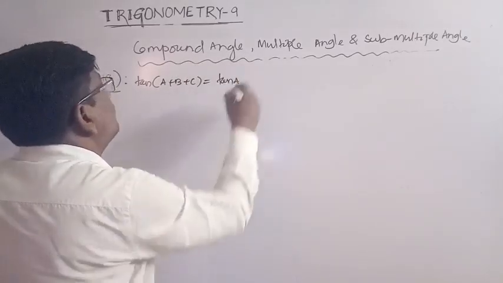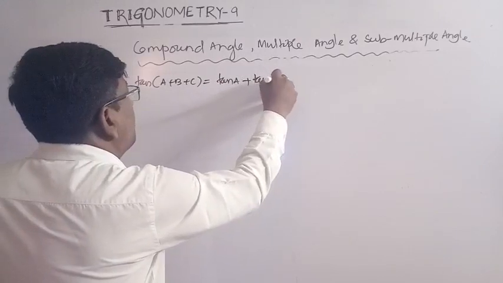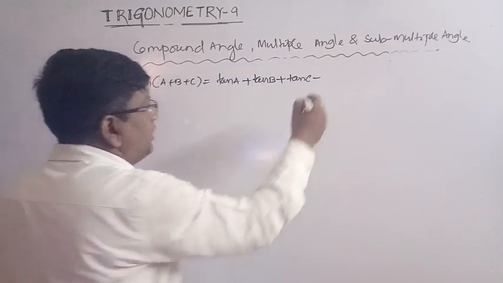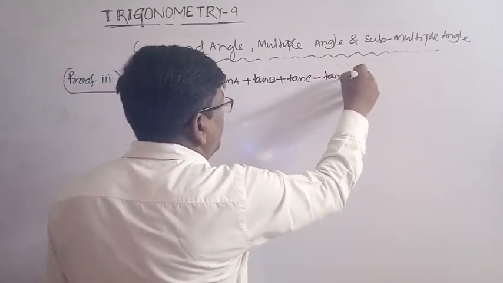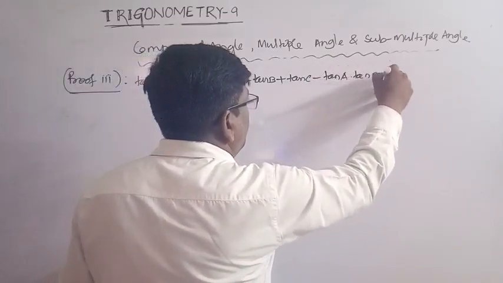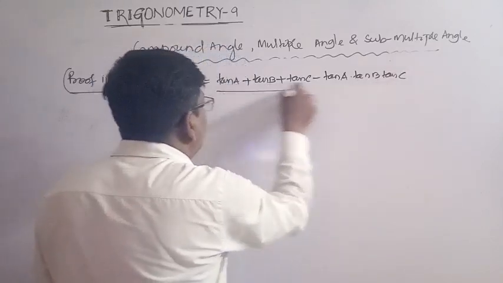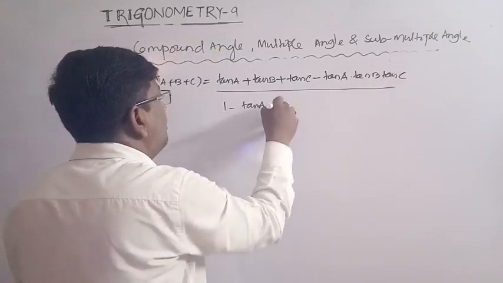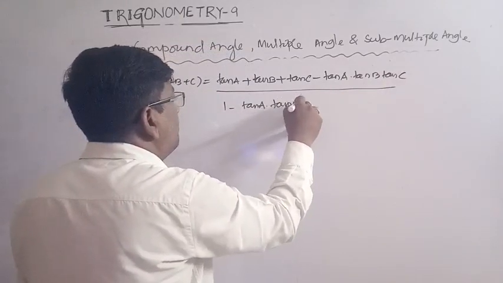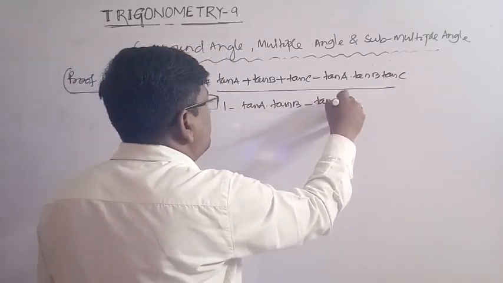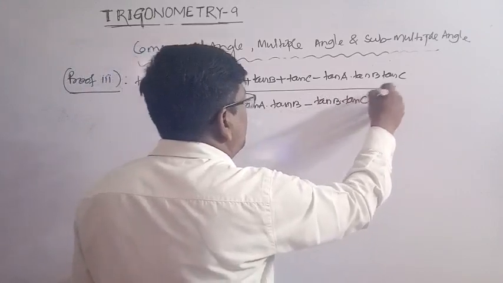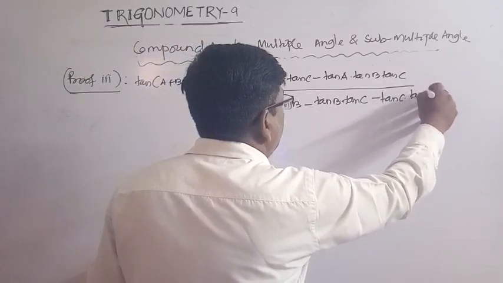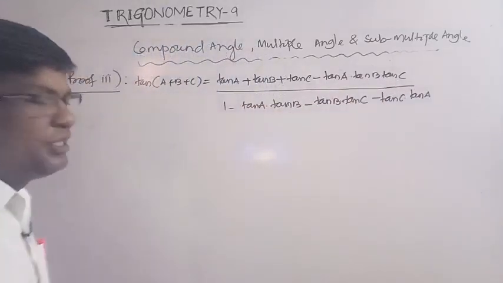Tan a plus tan b plus tan c minus tan a into tan b into tan c, whole divided by 1 minus tan a into tan b minus tan b into tan c minus tan c into tan a. We have to prove this.